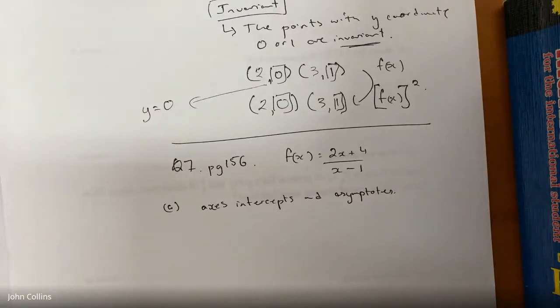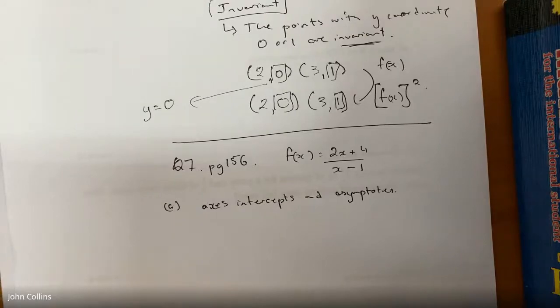How would I go about getting the axis intercepts, where it crosses the x and y axis? Well, for the x-intercept, for the denominator, it would be 1, because x is equal to 1. No, that's the asymptote.